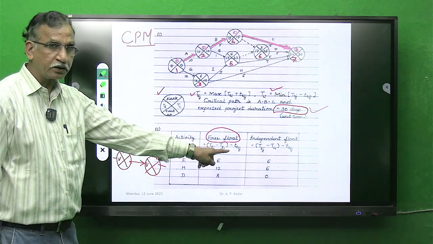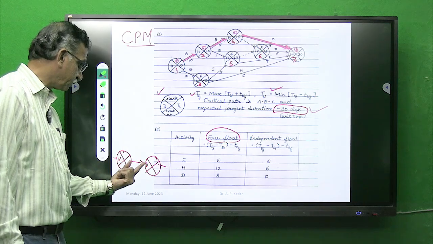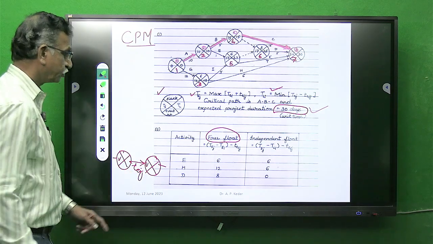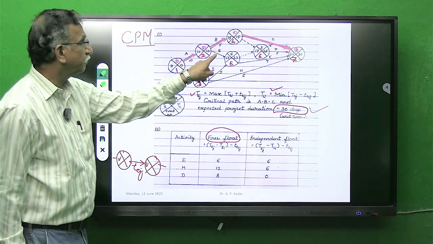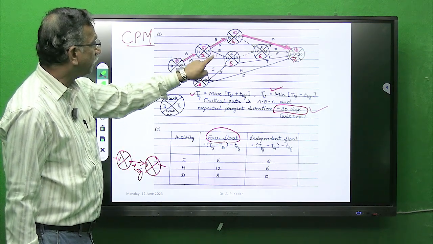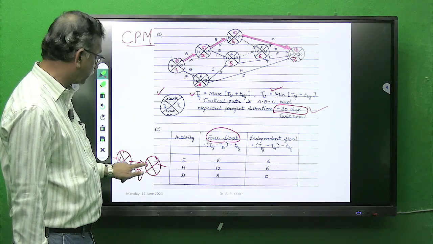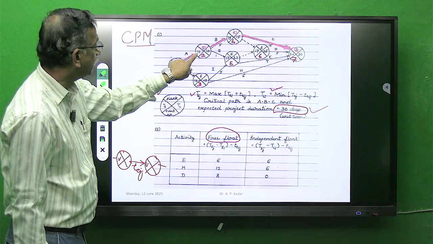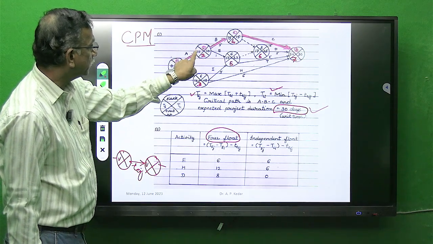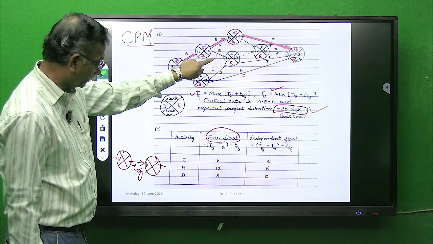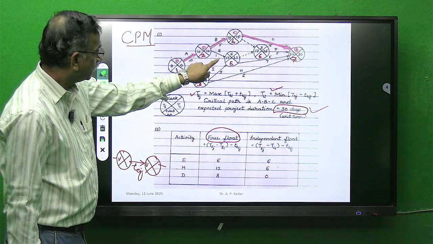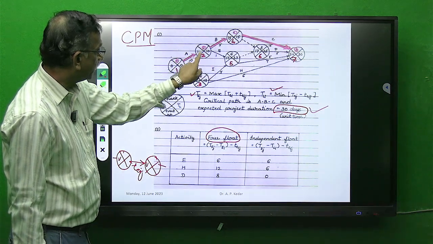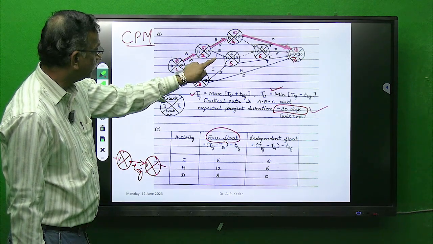This is the formula written: gap between this cell minus TEIJ. So for activity E, the gap between these two cells is 17 minus 10, that is 7, minus activity time 1.